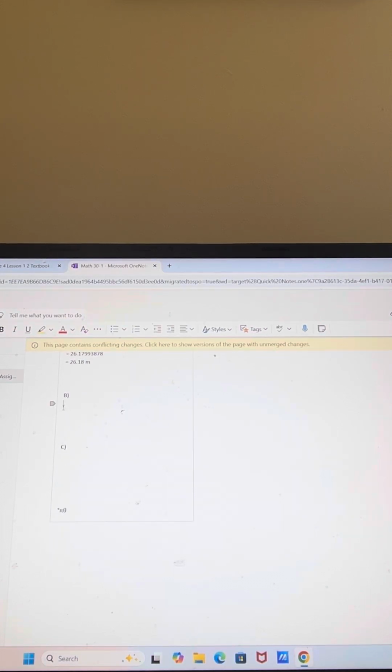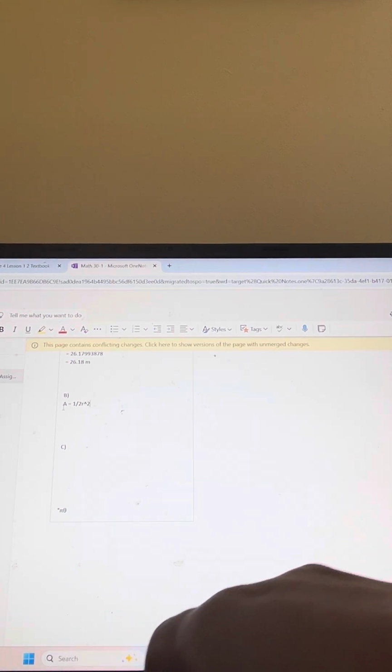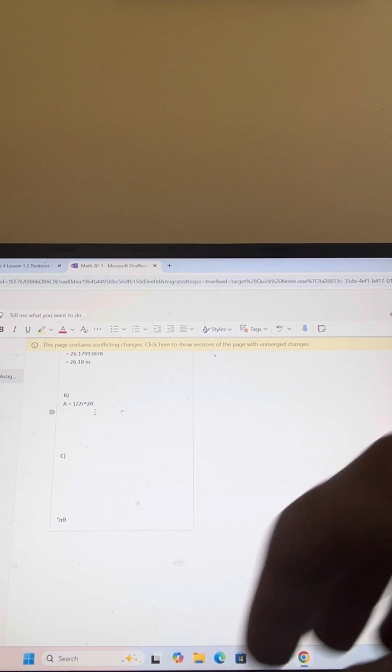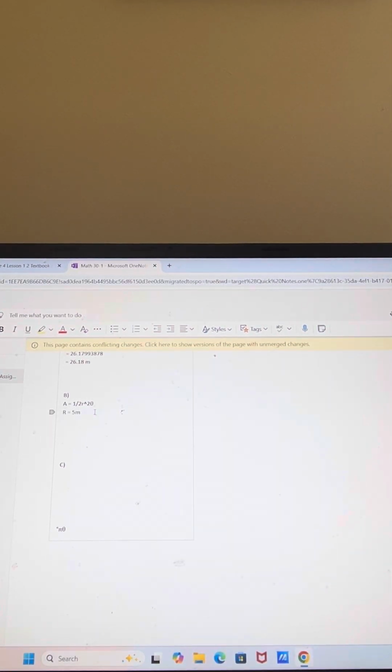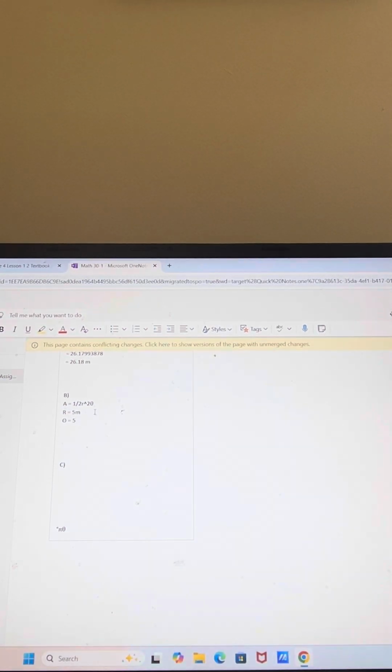Now let's go over to B. B, we have to know that our area of a sector is one half r squared, and then we also include theta. So now that we have that, we can show our values. R is equal to 5 meters, and theta is equal to 5 pi over 3 radians.